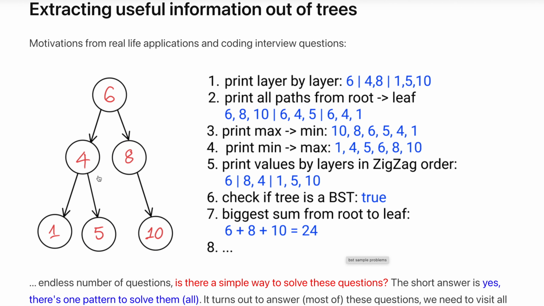Let me give you another real-life example. Let's say our tree is representing the cost of car manufacturing and distribution. Our root node is the factory, and the cost to make a car is 6, and the rest of the nodes in the tree are representing the distribution centers. Each of the nodes' value represents the cost to take the car from the previous node to it.